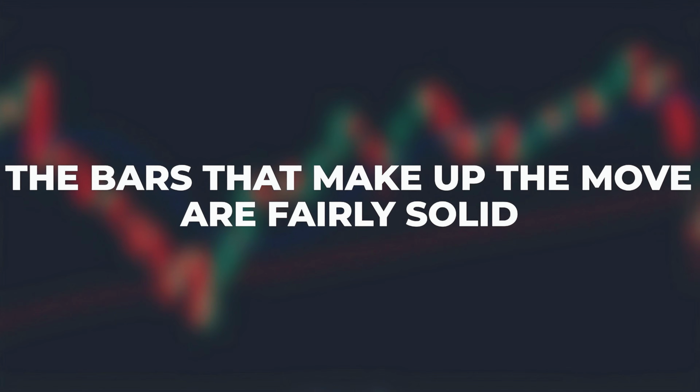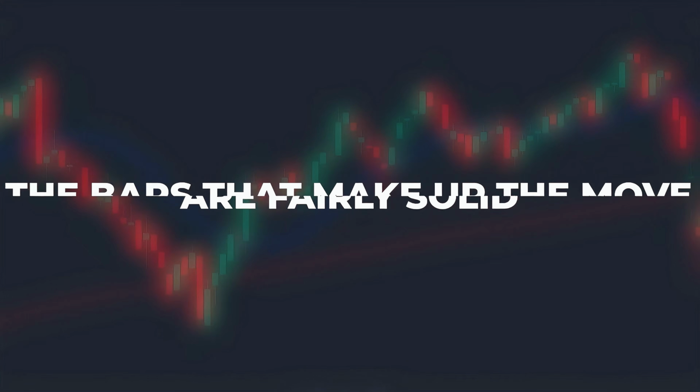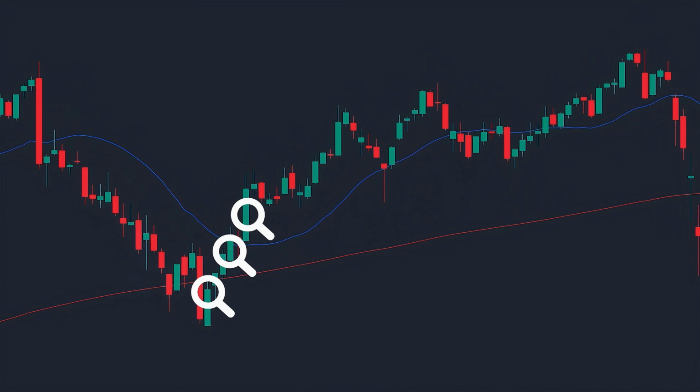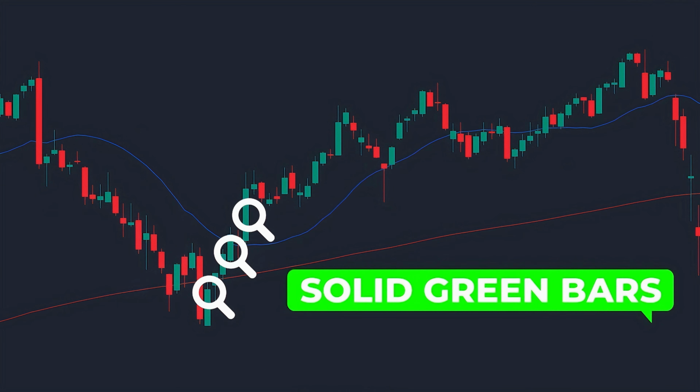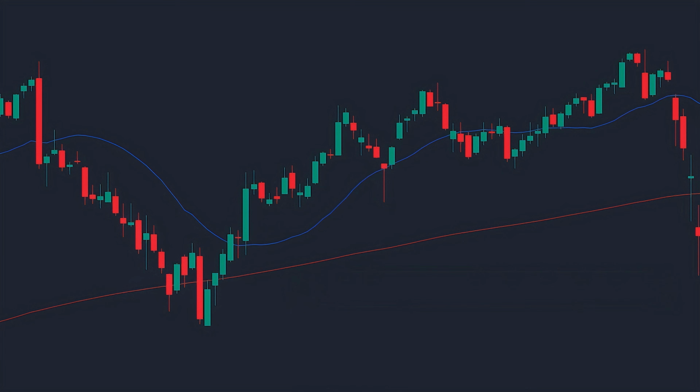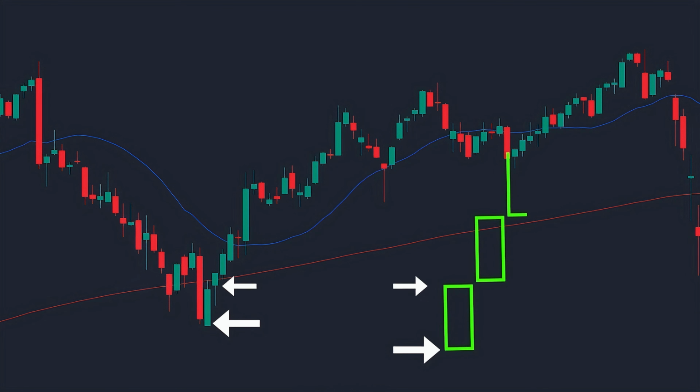And the bars that make up the move are fairly solid. We'll look at this in real life, but you'll get bars that start here and end there. That's a relatively solid bar. So the bars are fairly solid.